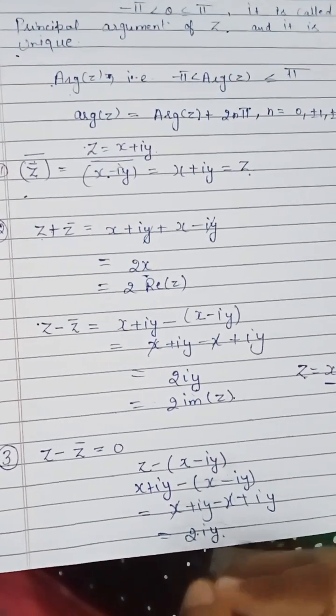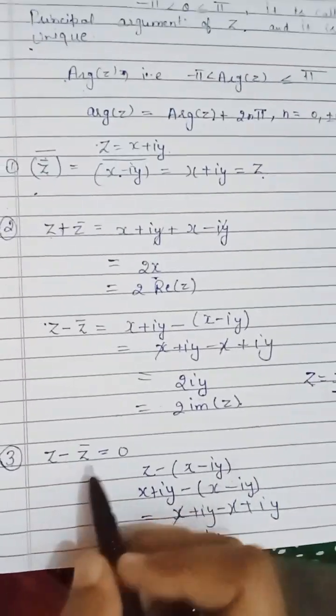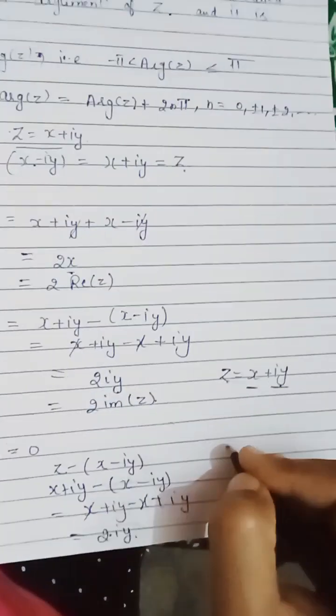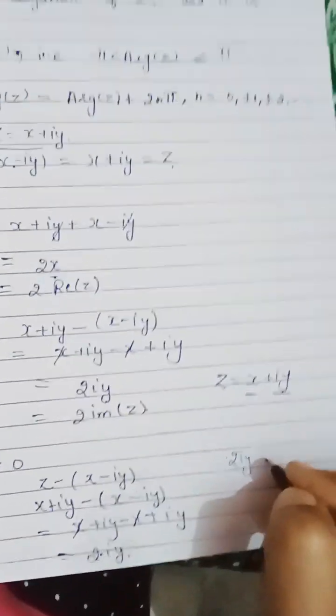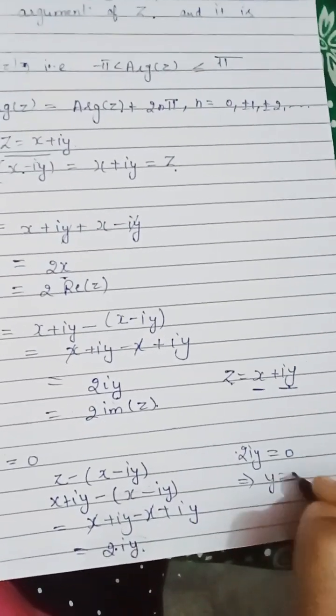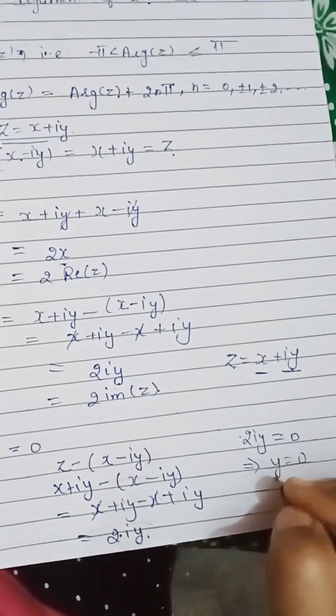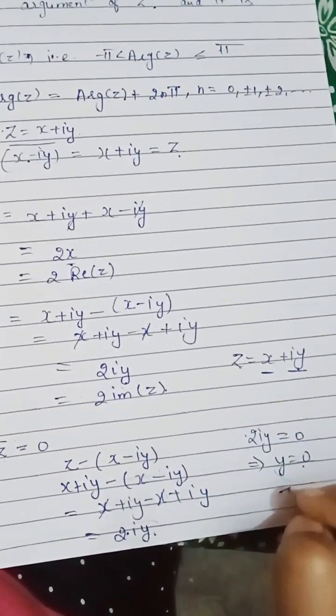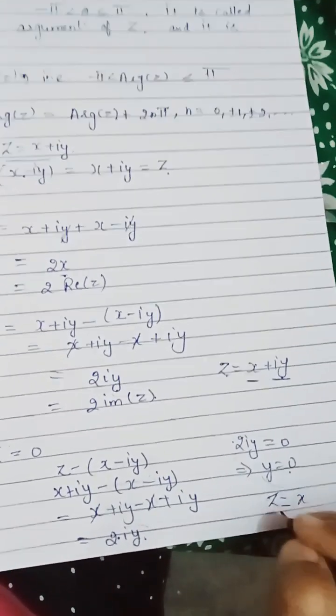And what we could say, now take z minus z conjugate is equal to 0. That means 2 iota y is equal to 0, and this implies y is equal to 0. So that means the imaginary part is equal to 0, then z is equal to x.